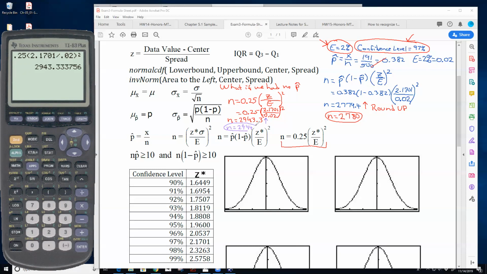That's how big my sample size will need to be. And you say, hey, that's bigger than this one over here. Yes, it is. How much bigger is that? We got 2,944, and the smaller one was 2,780. So you're having to sample an extra 164.